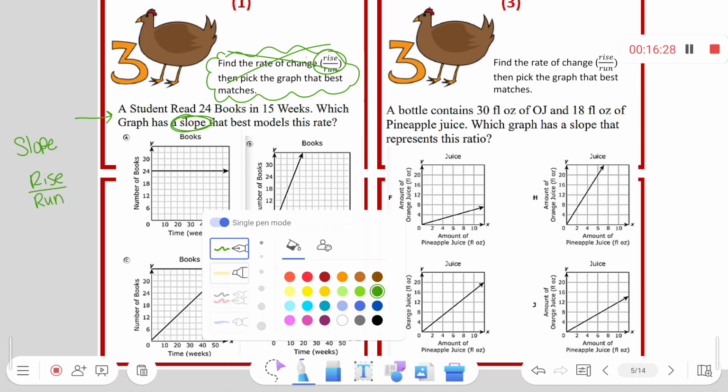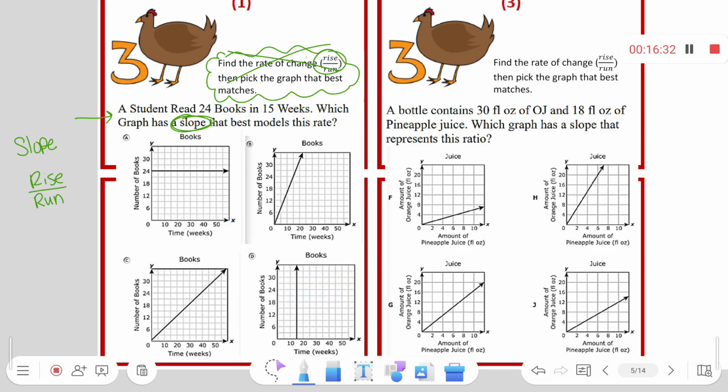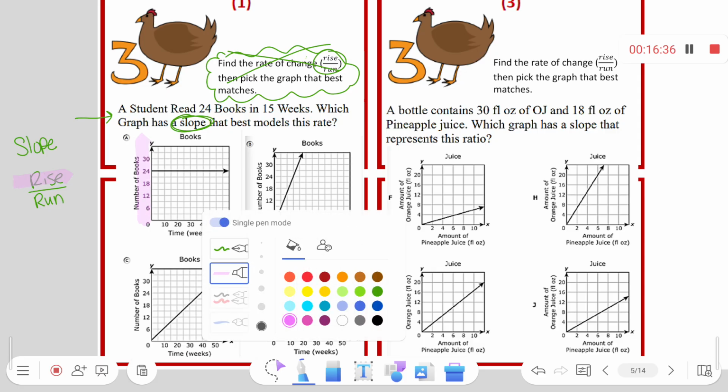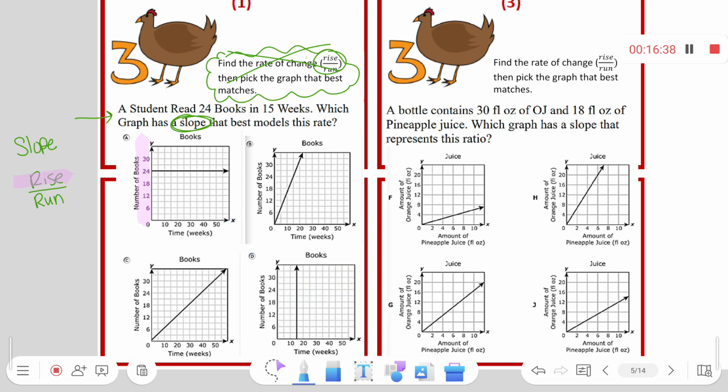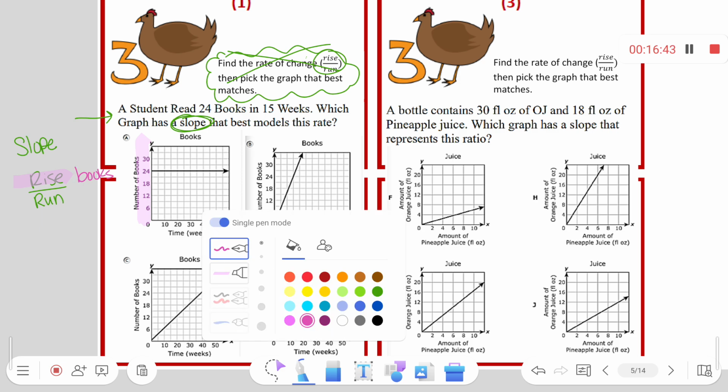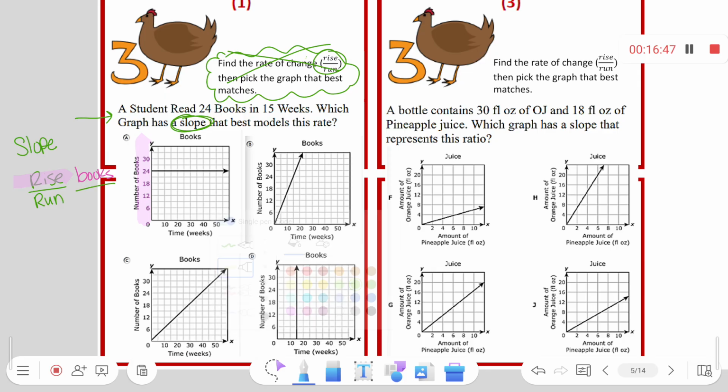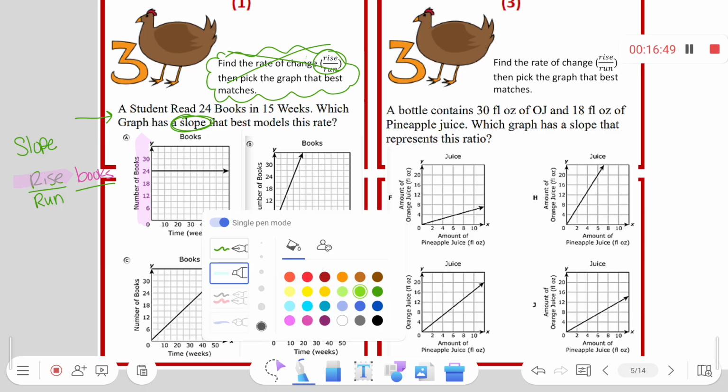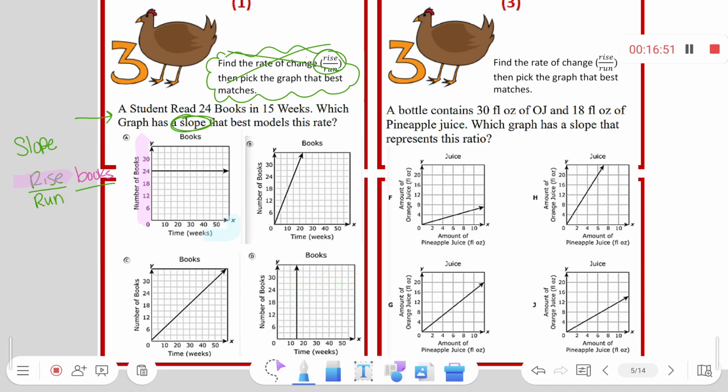Okay? So that means I should probably know what rise and run are. Rise is up and down. That talks about books. So I'll really have some number of books over whatever the run is. The run going sideways is time in weeks.